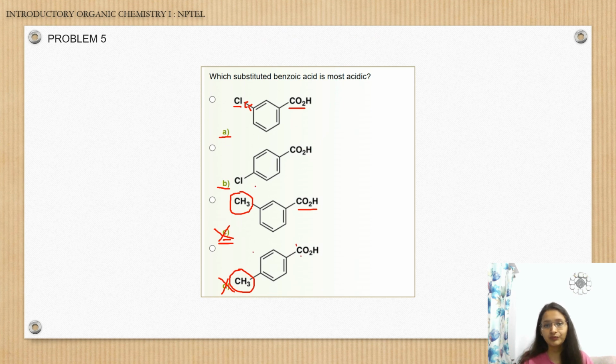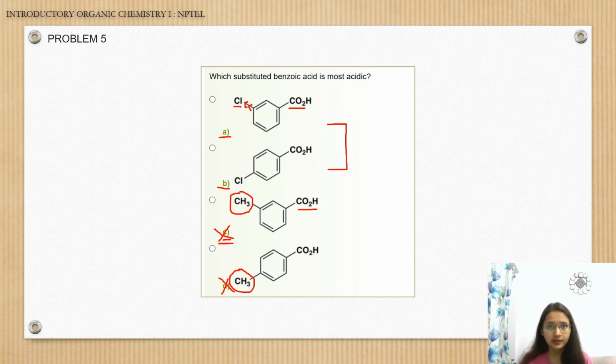So now you have to compare these two to see which is most acidic. Two options are eliminated, so here you have to worry about A and B now. In A, the Cl is present at the meta position, but in B, Cl is present at the para position. You have studied that the inductive effect depends on the distance between the substituents.